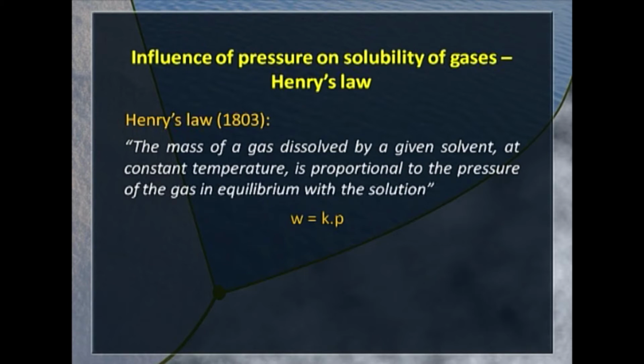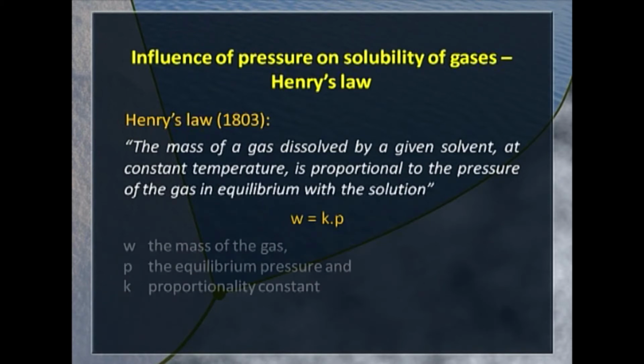We can put it mathematically like this: W is equal to K into P, where W is the mass of the gas that is dissolved, P the equilibrium pressure, and K the proportionality constant. This is, of course, the historical version of Henry's law. We know it in a different form, as we will see later.